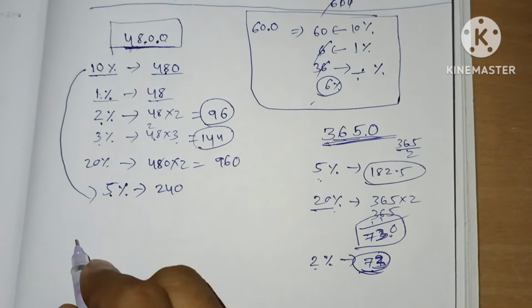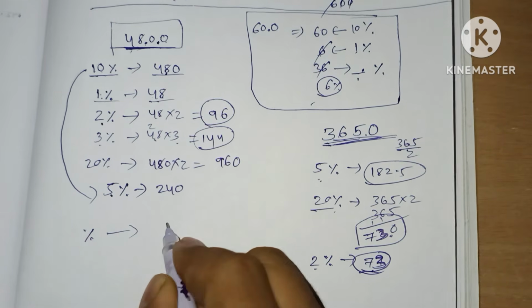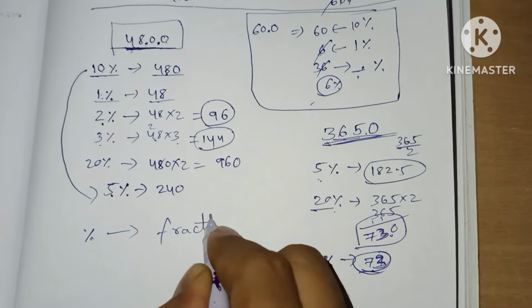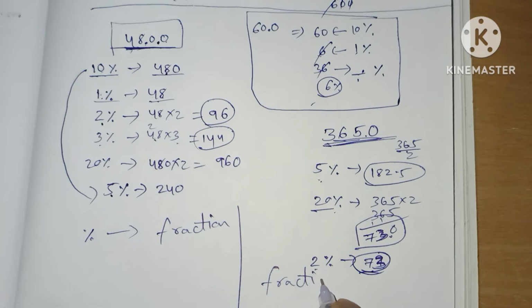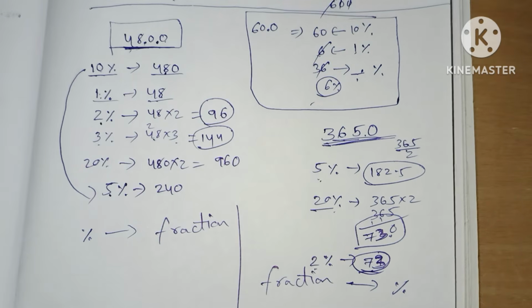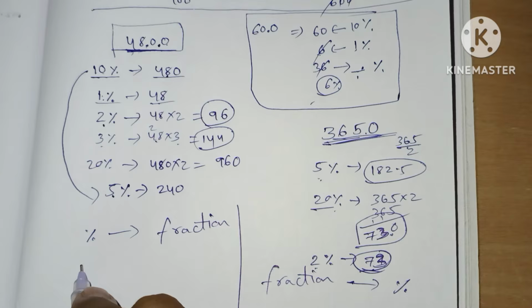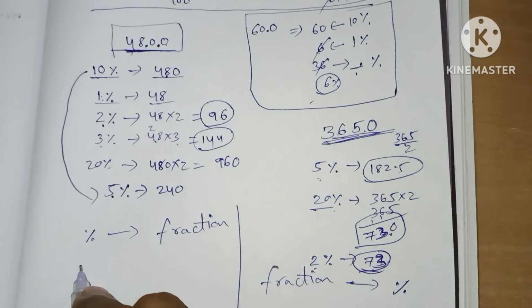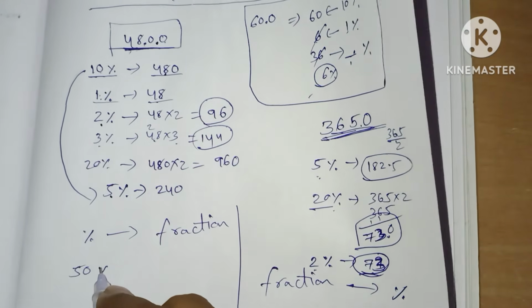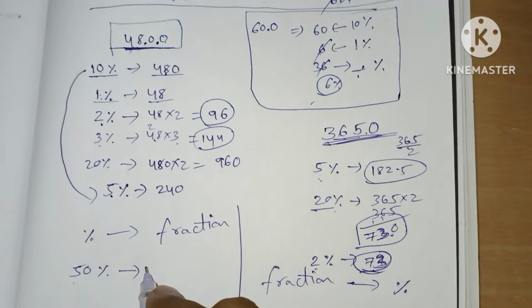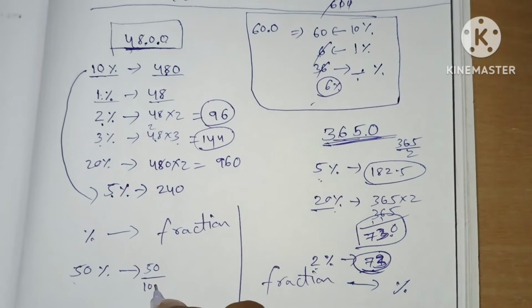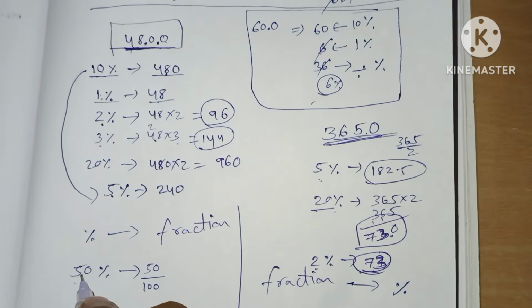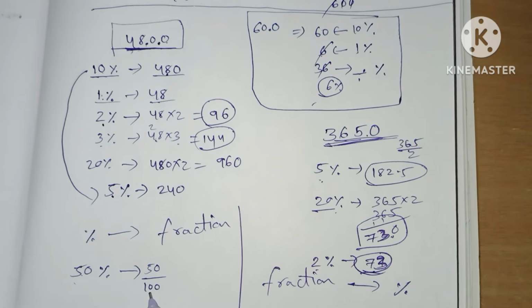Now we are going to see percentages to fractions and fractions to percentages. Let's see what the 50% value is. 50% is nothing but 50 divided by 100, because percentage means divided by 100.